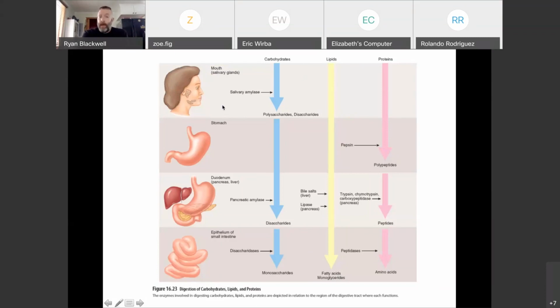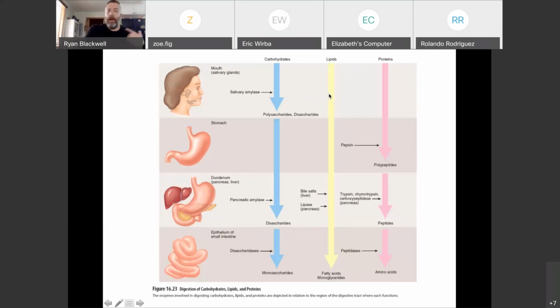Saliva contains amylase, which does a little teeny bit of carbohydrate digestion. But I also mentioned that our saliva produces a lipase. So I want everyone to include in your notes right here the fact that salivary lipase, produced in the mouth by the salivary glands, also does a little bit of fat digestion.